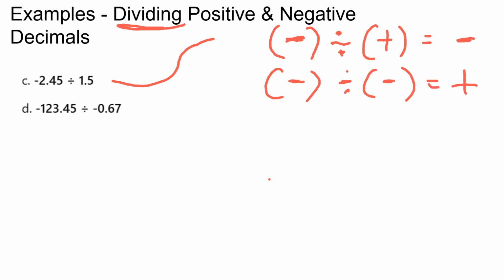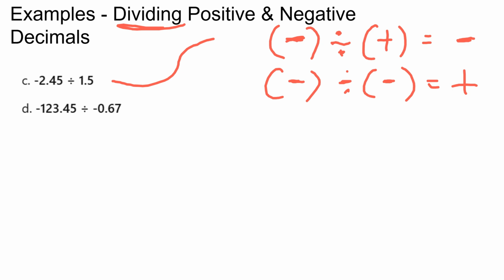We'll now go to the division process. So again, negative divided by positive is negative, and negative divided by negative is positive.